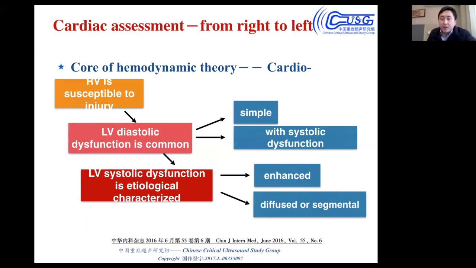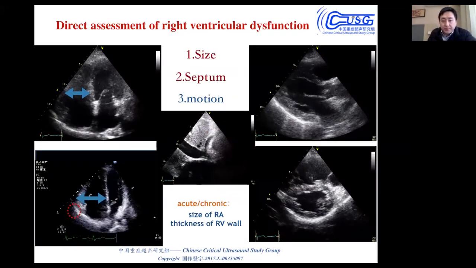We assess the heart from the right to the left, just as the blood flows. So the right heart is assessed first when we're doing the cardiac assessment, and then left diastolic dysfunction, and then left systolic dysfunction is assessed when we face a patient.